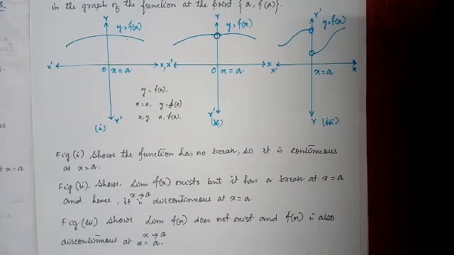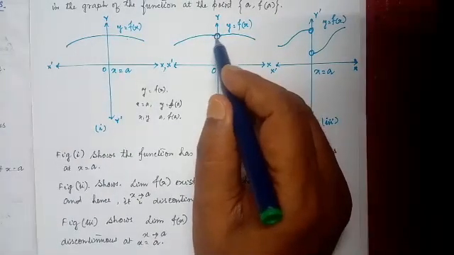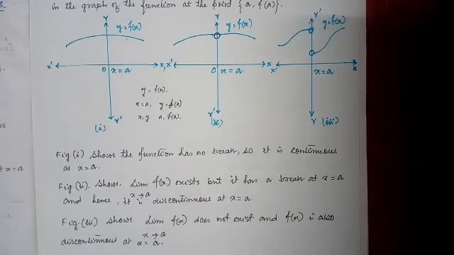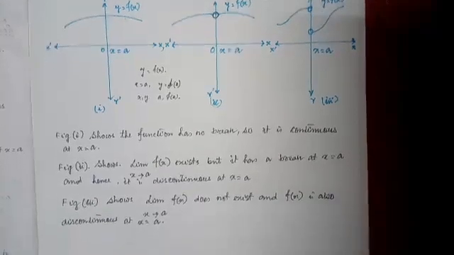Hence it is discontinuous at x is equal to a. That is, the limit as x tends to a of f of x exists, but it has a break at x is equal to a, and hence it is discontinuous at x is equal to a.